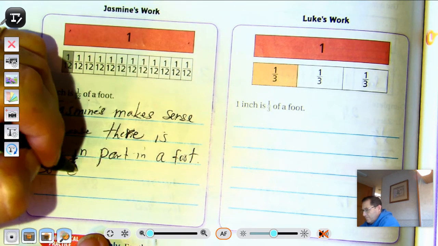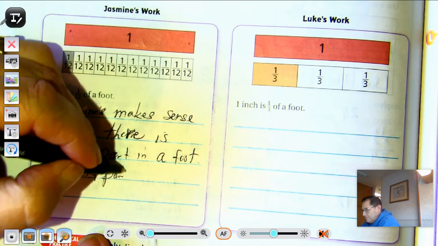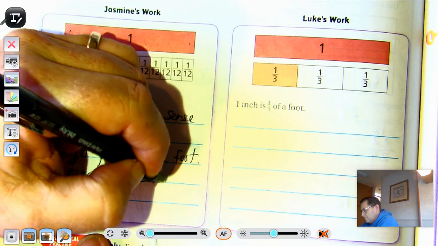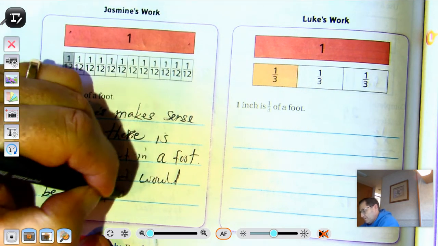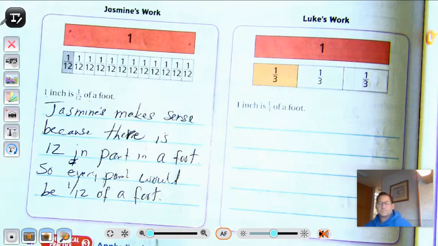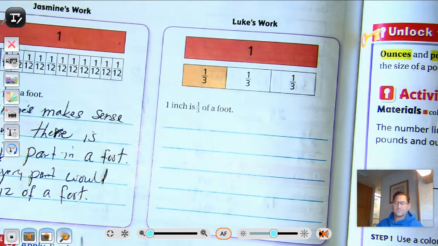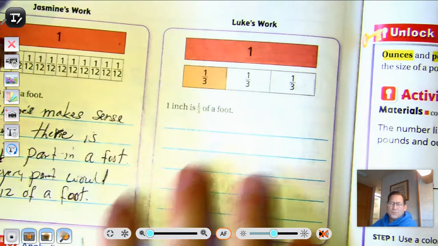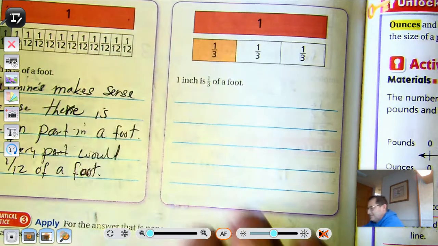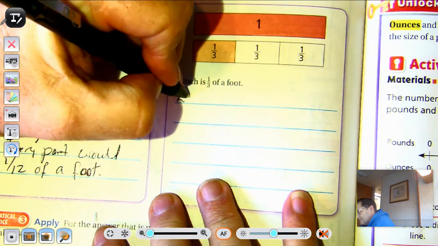So every part would be 1/12 of a foot. One inch is 1/3 of a foot. Okay, Luke's is nonsense.